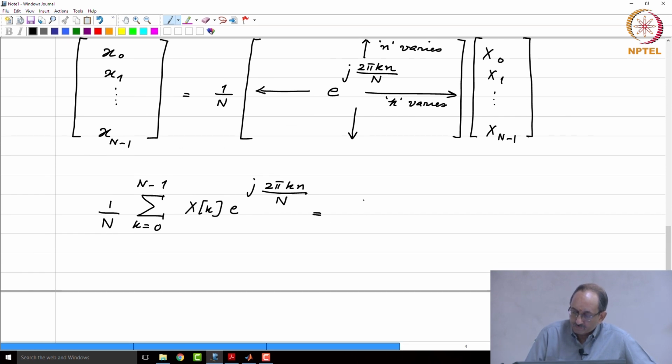So, this is 1 over N, k going from 0 to capital N minus 1.